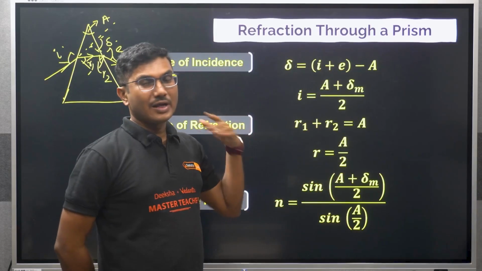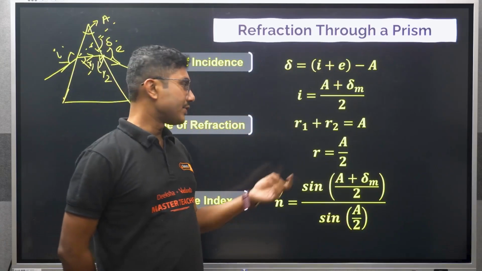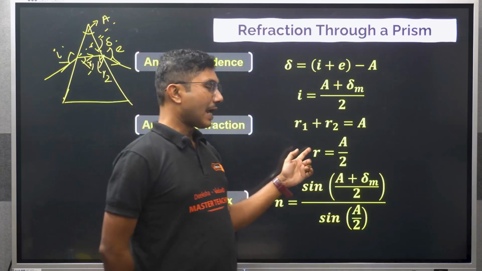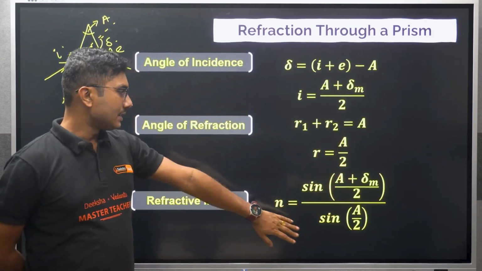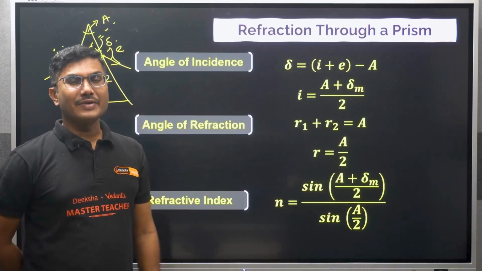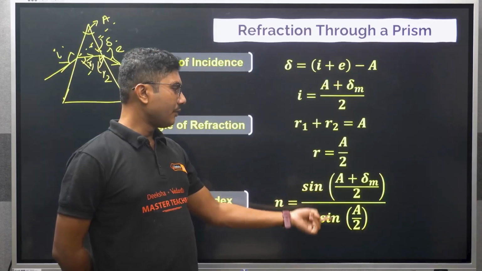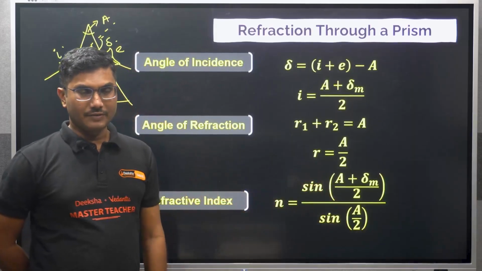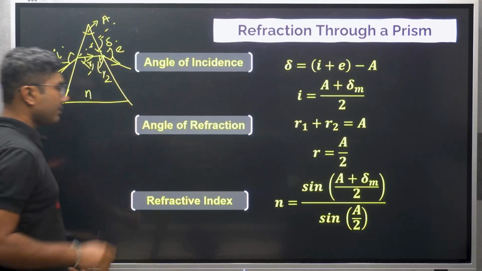So r1 equals r2 equals r, and from there you can write the angle of refraction is given by A by 2. What is the refractive index then? The refractive index is sin i by sin r from Snell's law. So from there you can find the refractive index of the material of the prism.